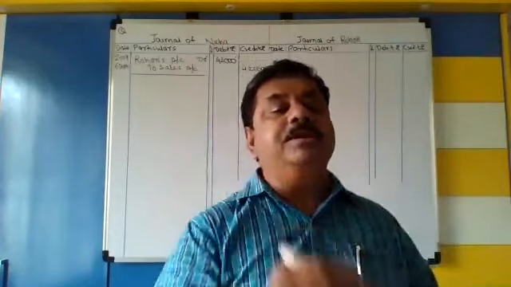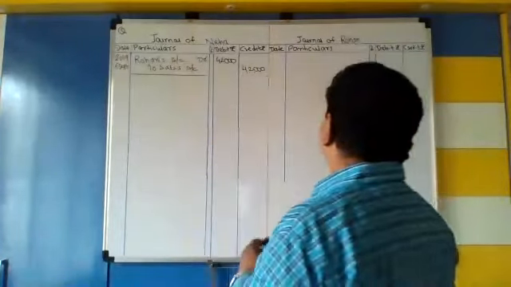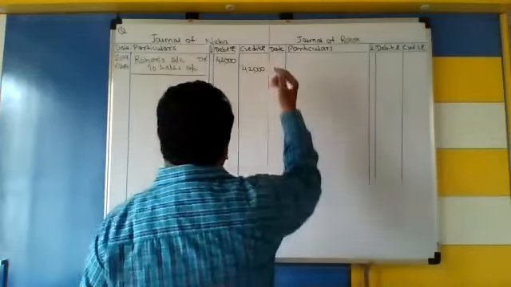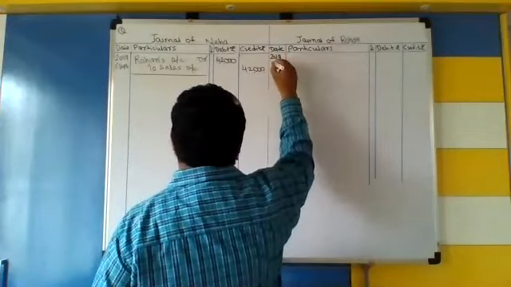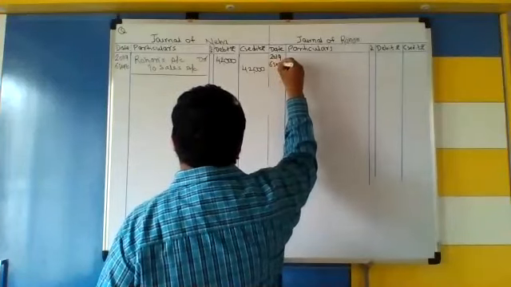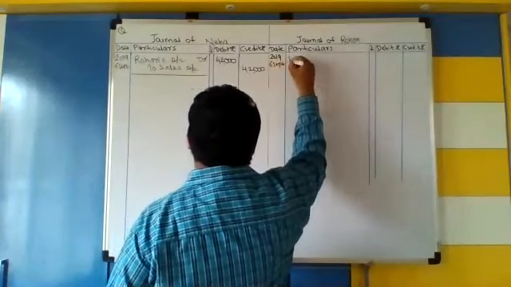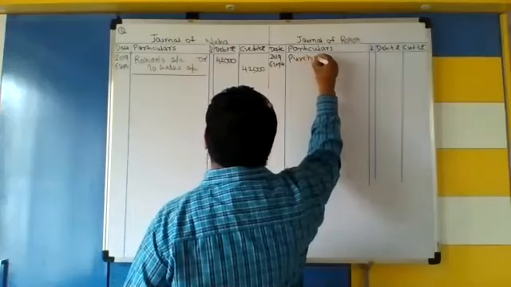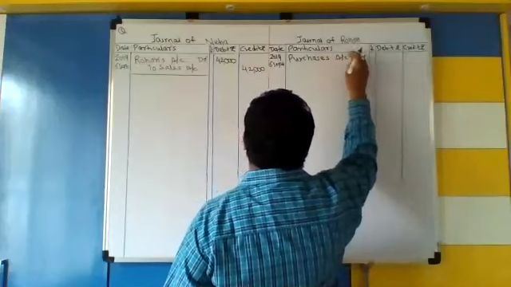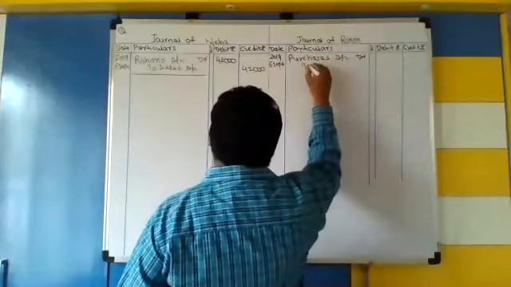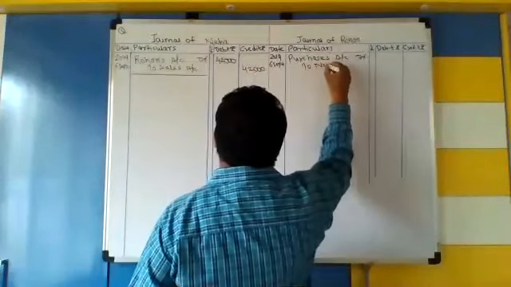Okay. The same entry, what will Rohan pass? Look at Rohan's entry. 2019, 6th September. Rohan will pass the entry purchases account debit to Neha's account.